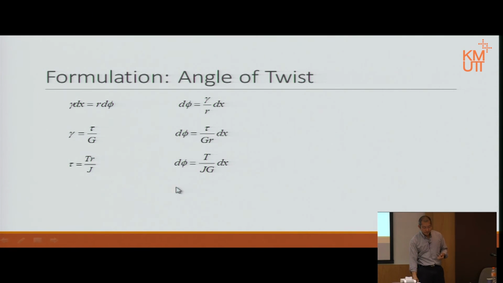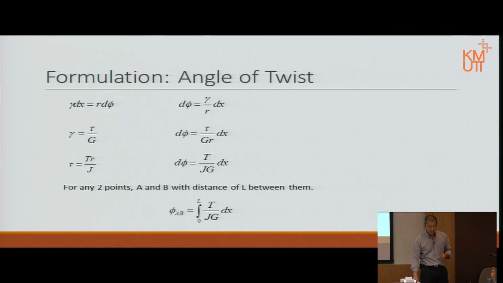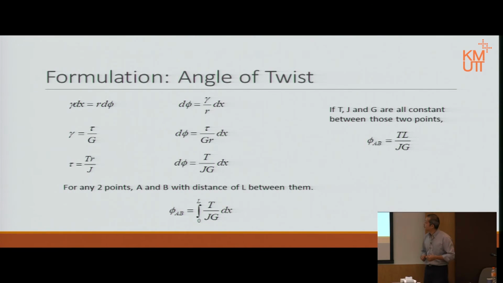Okay, and if T is a constant, J is a constant, where J is the polar area moment of inertia, and the shear modulus, well, for one material, is constant, then this integration will be like so. Then we can calculate the change in the angle.